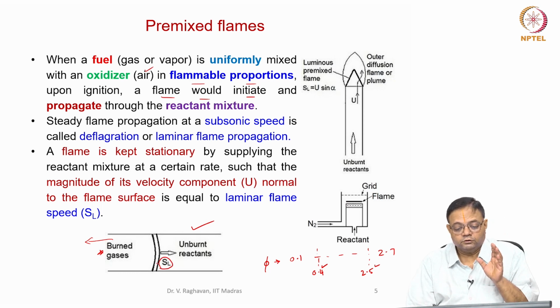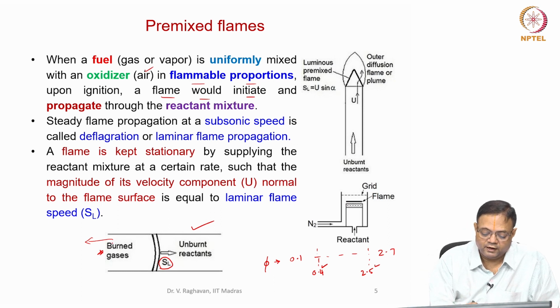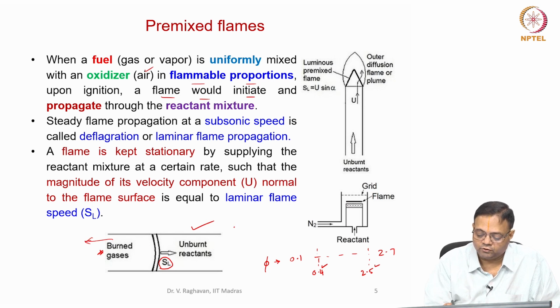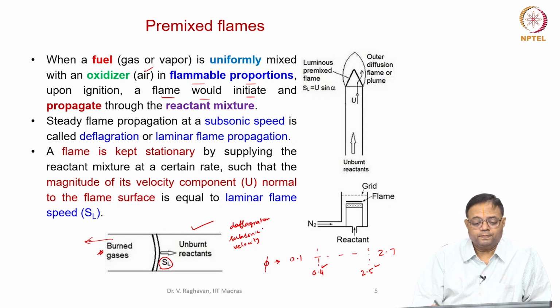Now, this propagation, when this end is open and the burnt gas are free to move away, is called deflagration. Subsonic velocity, SL will be subsonic. So, now the steady flame propagation at subsonic speed, which occurs in this, is called deflagration or laminar flame propagation, and the velocity itself is called SL.